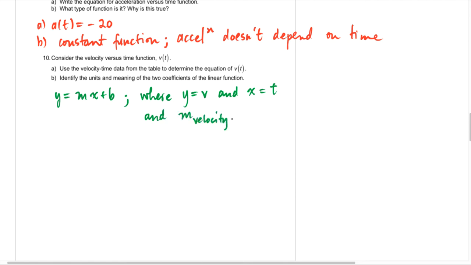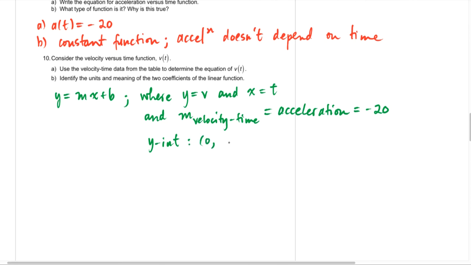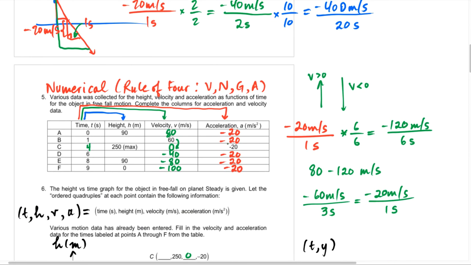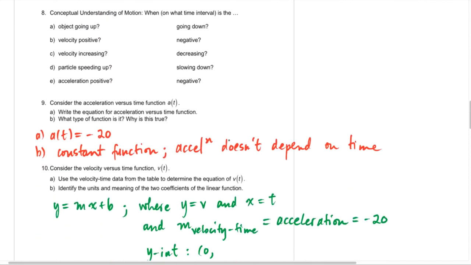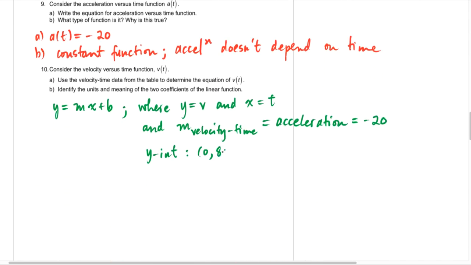And so the slope of the velocity-time graph equals acceleration, and the constant slope we have is -20. We also have the y-intercept because we know at time 0 we have a velocity value of 80.